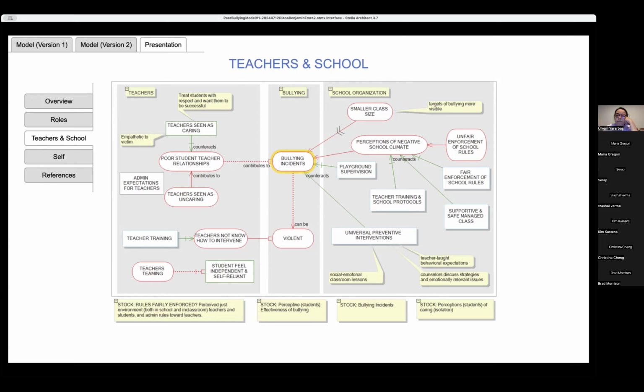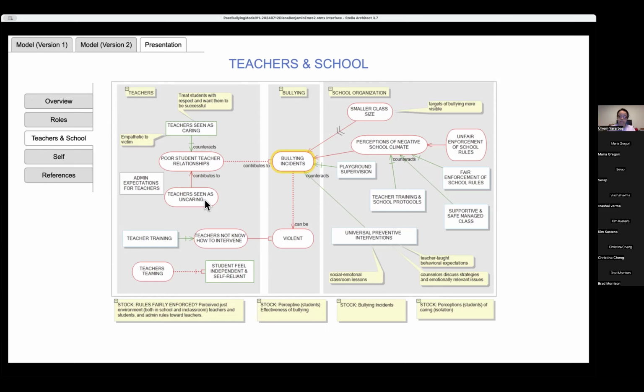So in our first SIG leadership meeting, one of our stocks was on bullying incidents, and the other one was on teachers, because we figured that was the most direct line to the bully that might make a student feel alienated or welcomed into the classroom. So at school, teachers seen as caring, and teachers seen as uncaring. We thought we wanted that to be involved in the initial model.